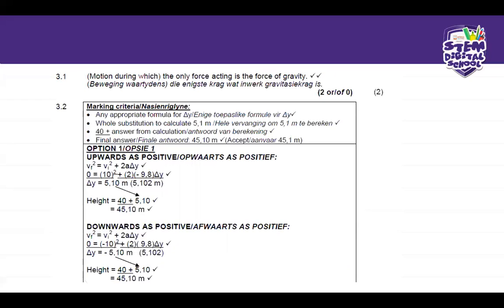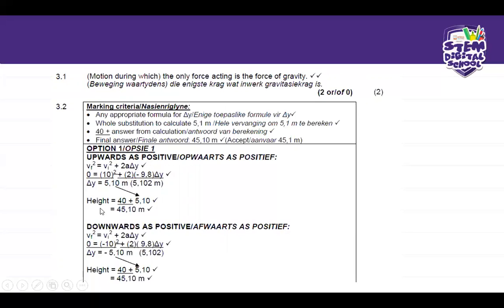So we're going to say v final squared is equal to v initial squared plus 2a times change in y, right? Then we already have everything. The final velocity is 0, the initial velocity is 10, and we've got 2, and the acceleration as minus 9.81.